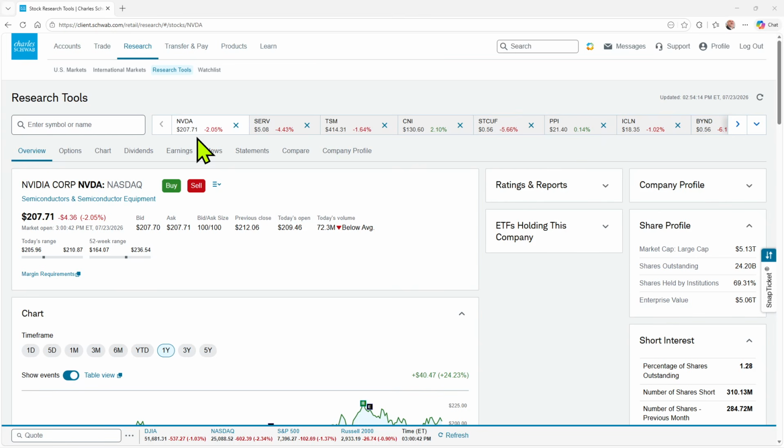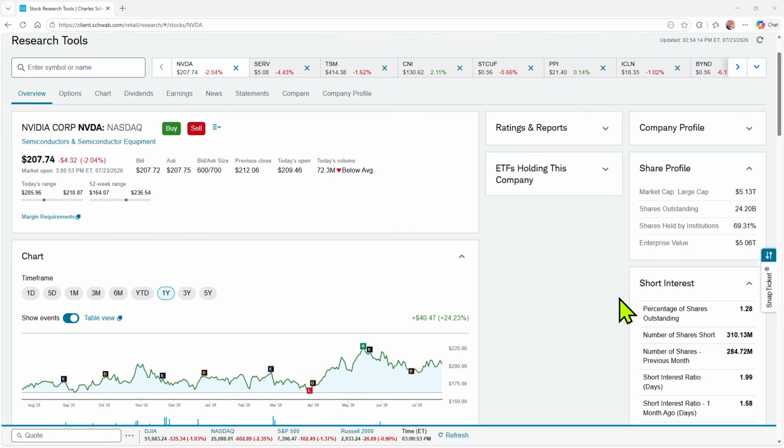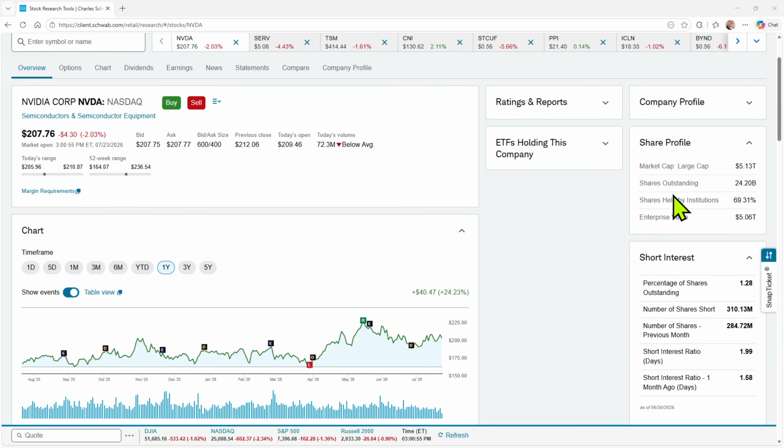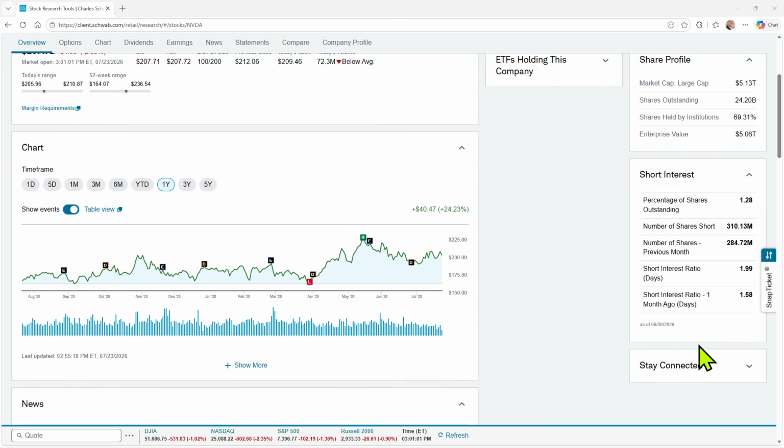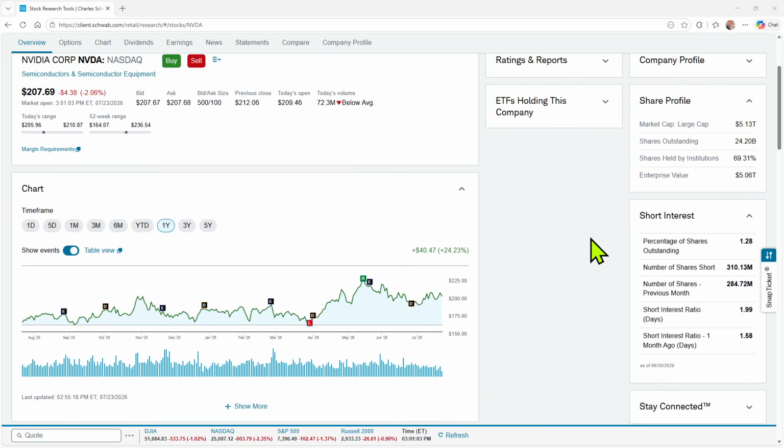Some of you might be familiar with this particular stock. And over on the right-hand side of the research tool overview page, I've got information about the number of shares outstanding, the number of shares held by institutions, the market capitalization, and then we've got this section titled Short Interest.